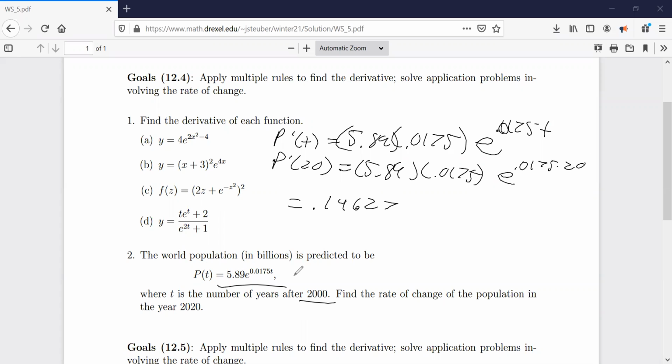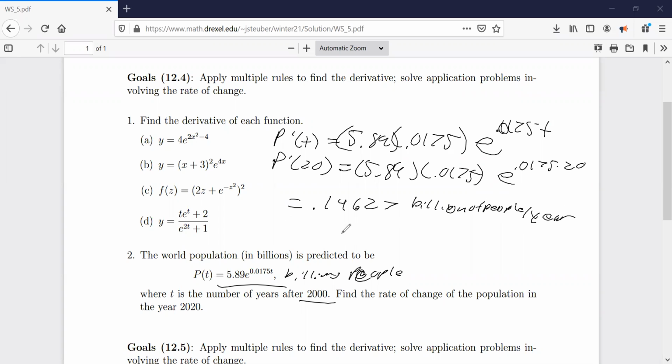So this original guy is billions of people. We took the derivative with respect to time, so it becomes in years as our unit. Billions of people per year is my new unit.